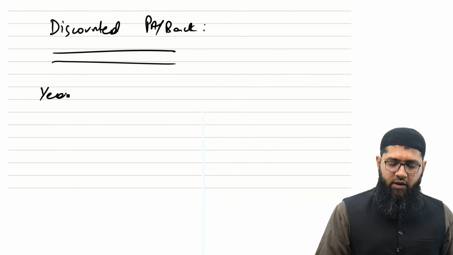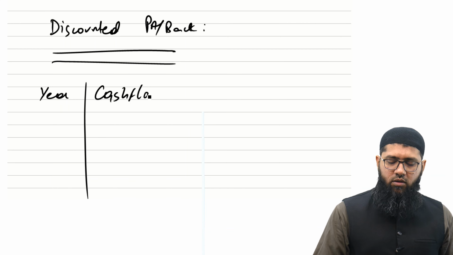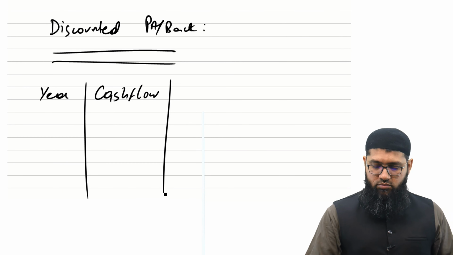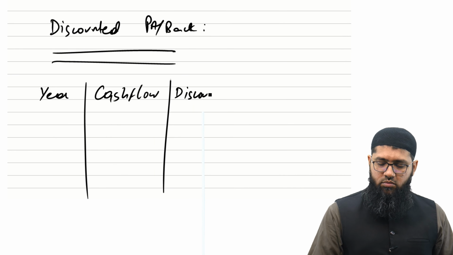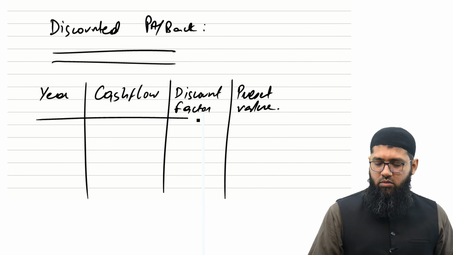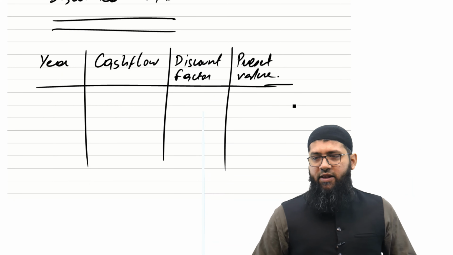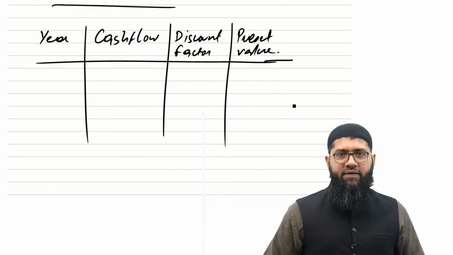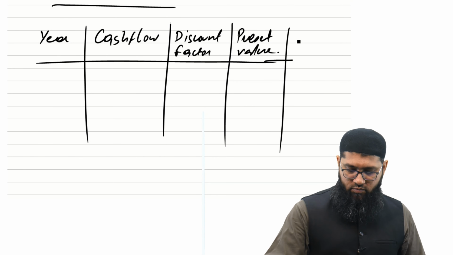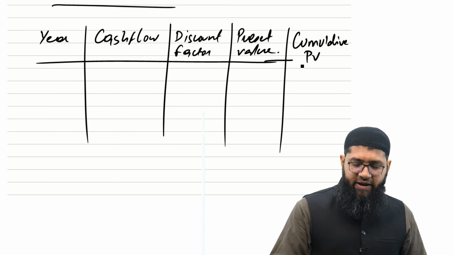Let me just give you a bit of guidance about it. It's going to be here: cash flow, discount factor, present value, and then one more column, which is the cumulative present value.